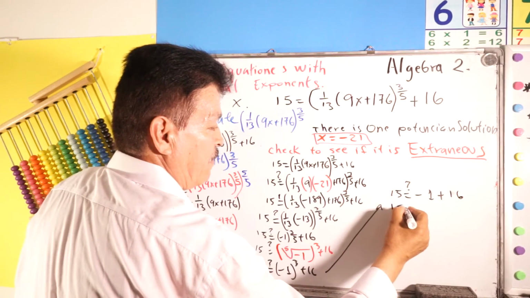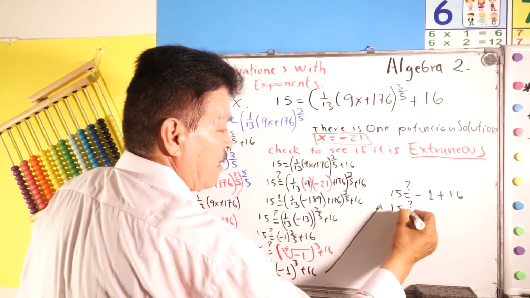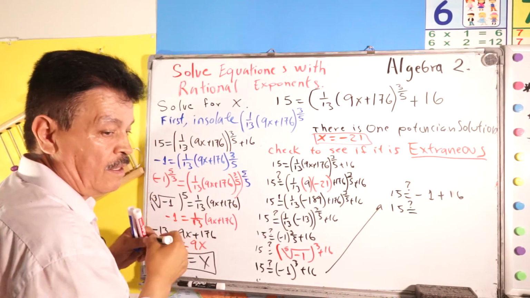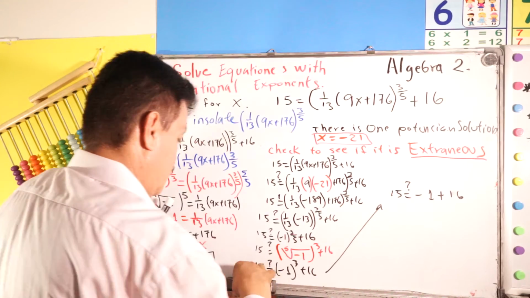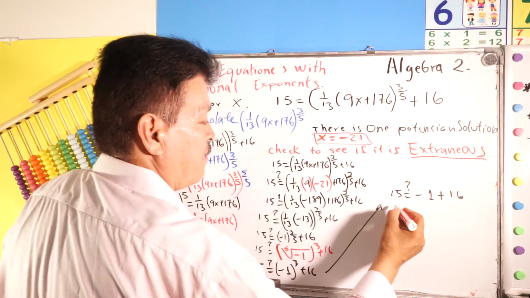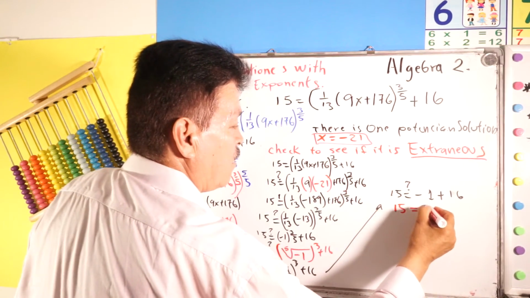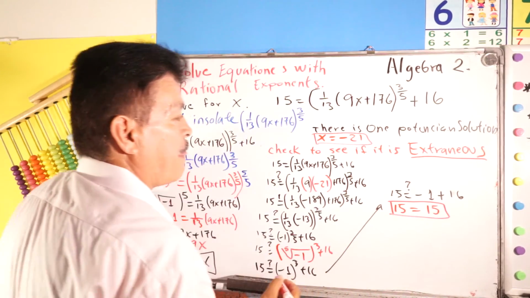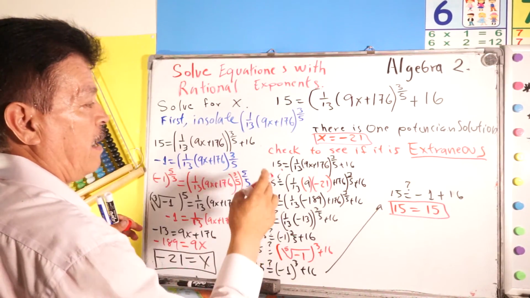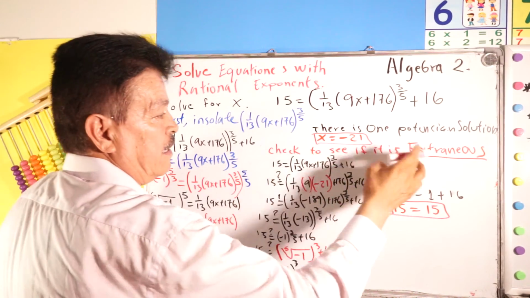So next step, 15 equals 15, right? We are proving whether it is extraneous.